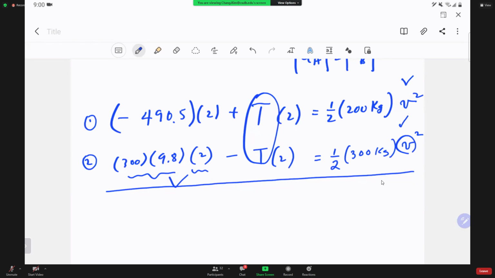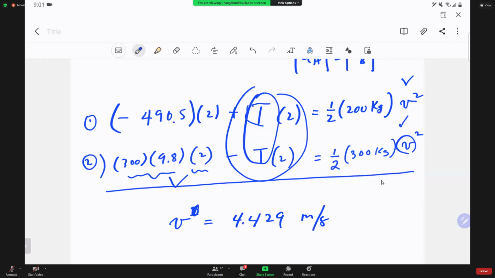You can just go ahead and do a substitution method, or you can basically add these two equations so that the tension terms drop out. If I just add them, then you can go ahead and compute the velocity squared. The velocity would be 4.429 meters per second.